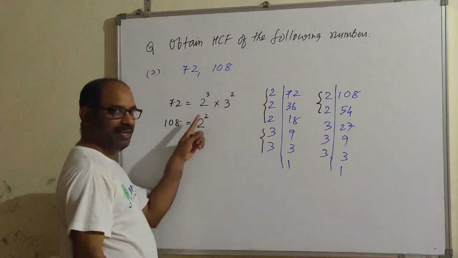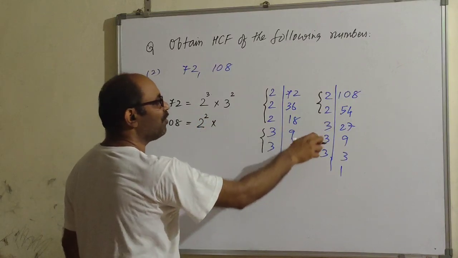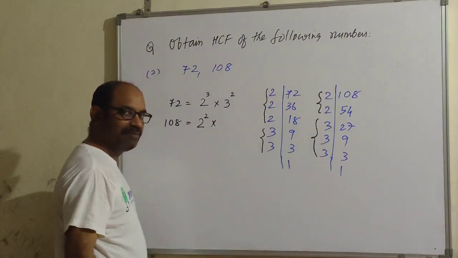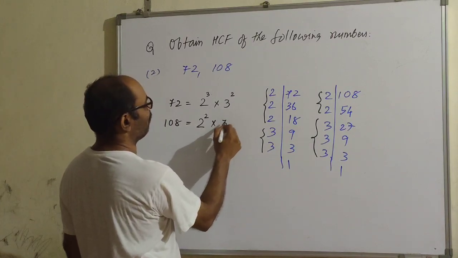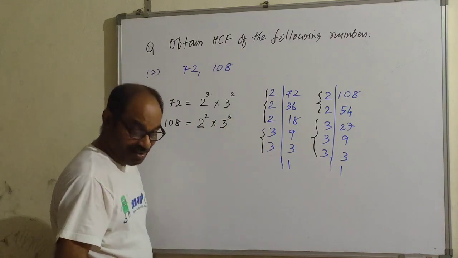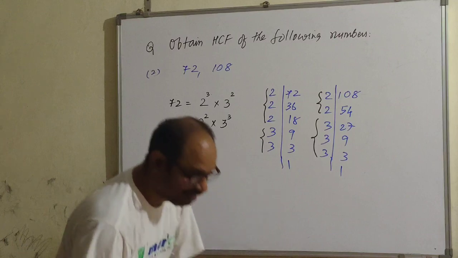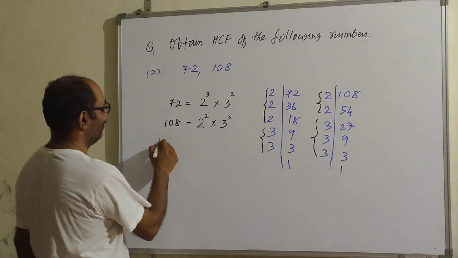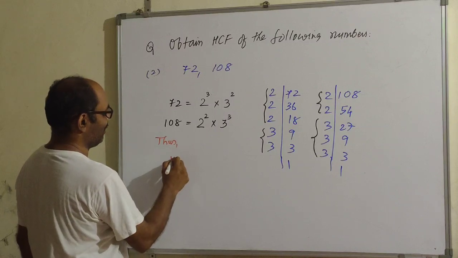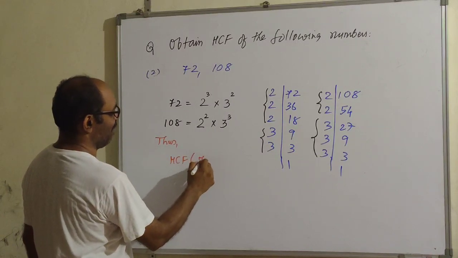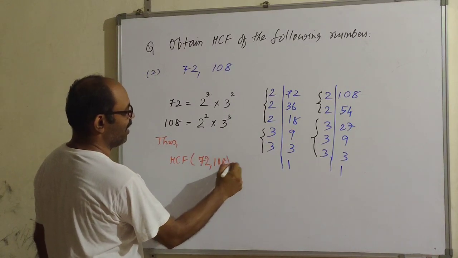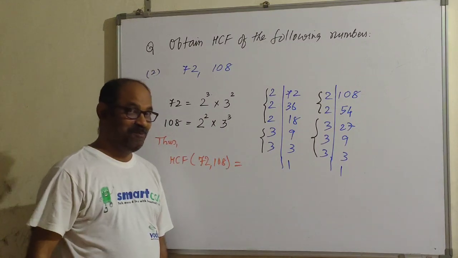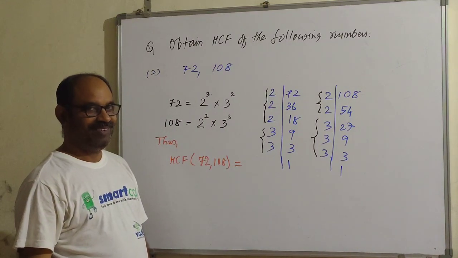How will you write briefly? 2 square. How many times is 3 multiplied with itself? 3 times. In brief, 3 cube. Very interesting, children. You got the GCD now. GCD means HCF.